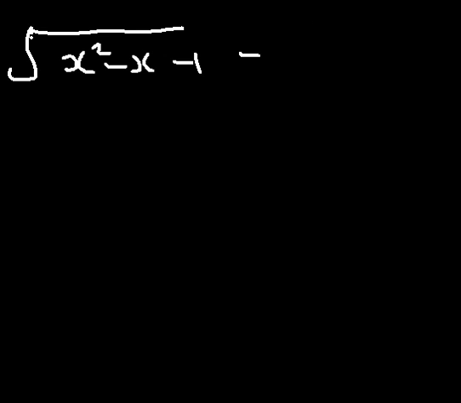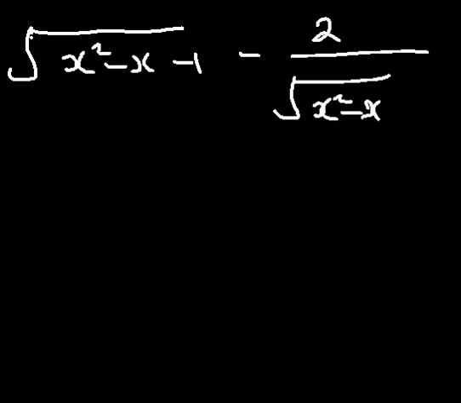But it is good to have some problems that are very complicated, because they will help you understand much more. Let's say you have x squared minus x minus 1, minus 2 times the square root of x squared minus x minus 1.